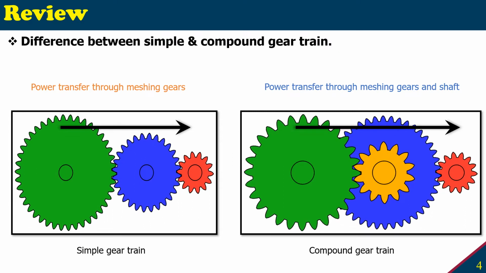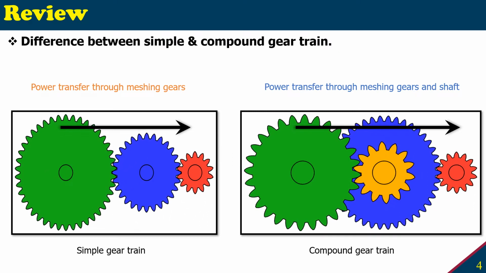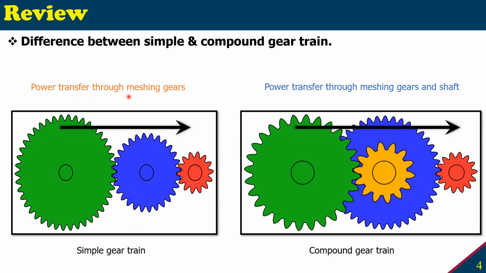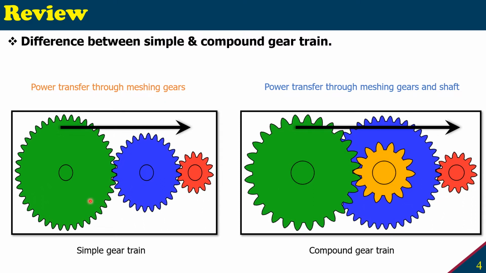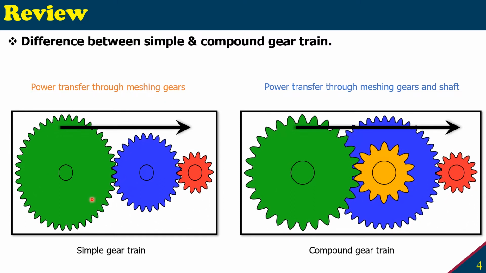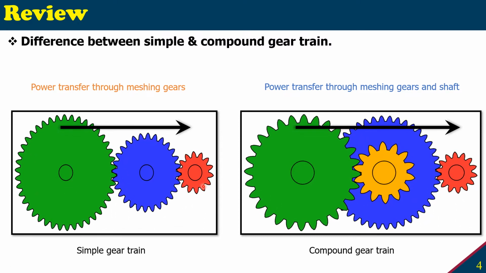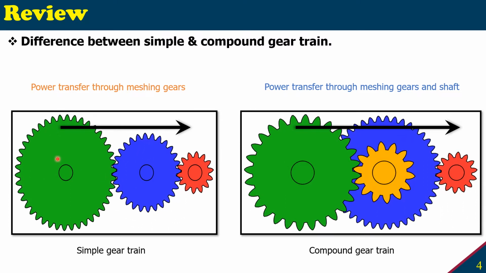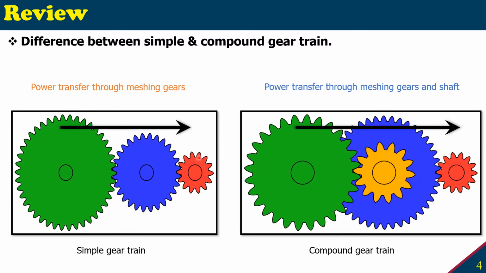A second difference is in the way it transfers the power. For a simple gear train, power transfers through meshing gears. If you see on the left image, if you assume that the green one is the driver and the red one is the follower and the blue is the idler gear, then the power is transferred from the green to the red.